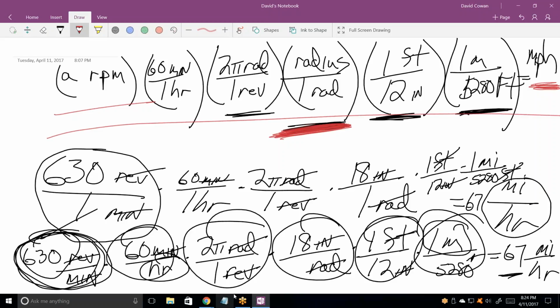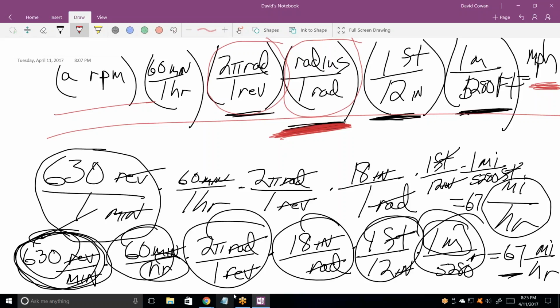Because the 2 parts that are particularly difficult are the 2 pi radians per revolution and 1 radius per radian. And by that I mean a length of the radius. That's not 1 radius per radian, it's 18 inches per radian, or 9 inches, or whatever the radius of the wheel is.